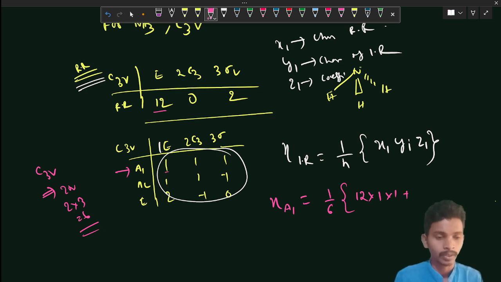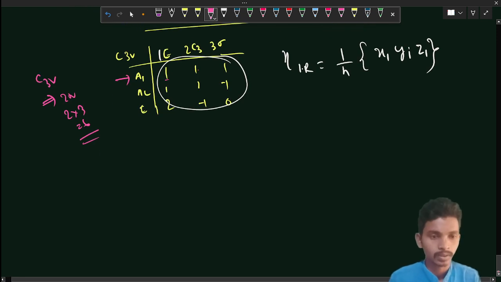Plus, next I move to C3, which is 0, times 1, with coefficient 2.